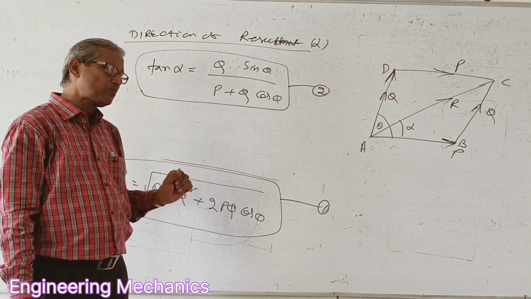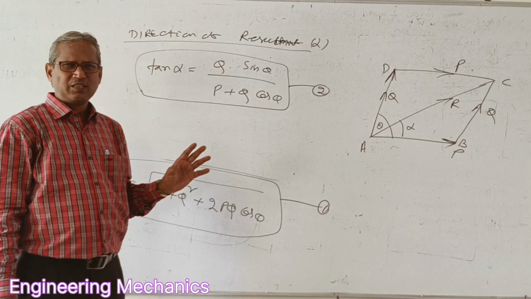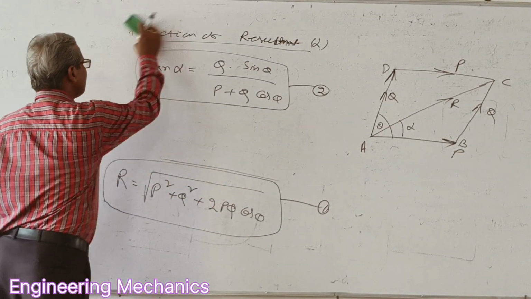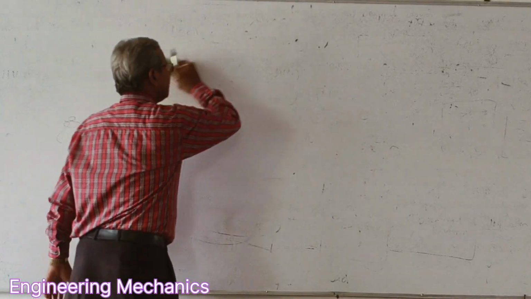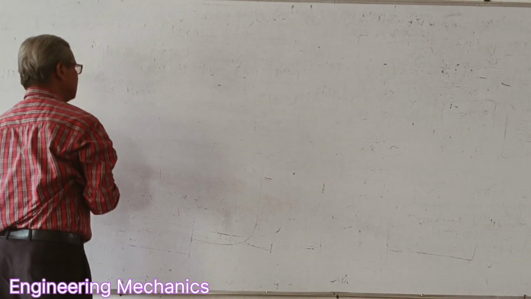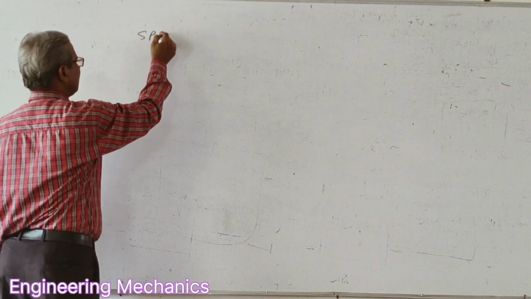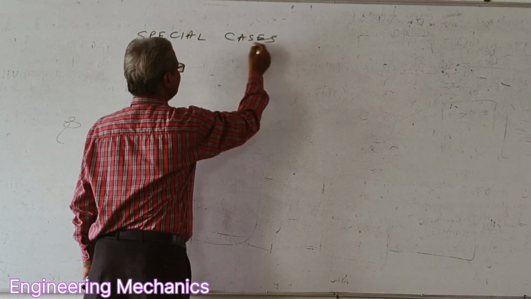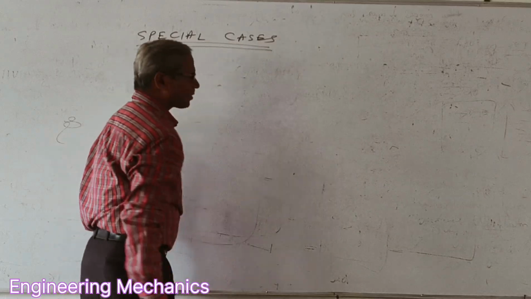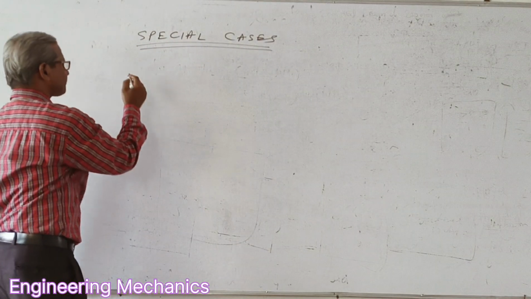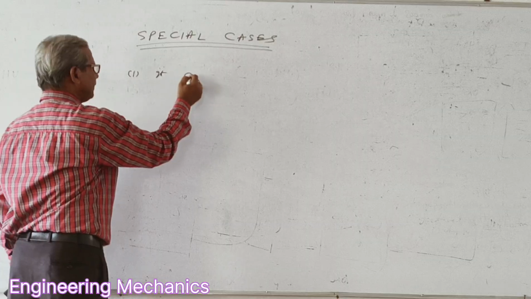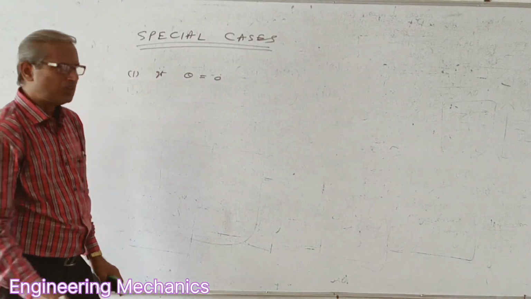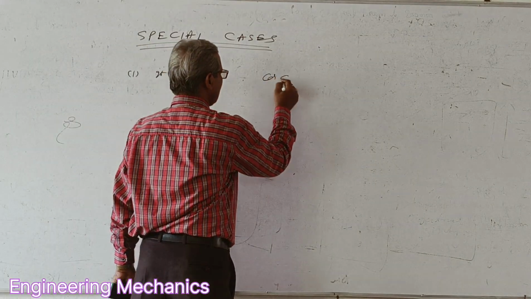Now, there are some special cases to solve our problem. Number 1, if theta is 0 degree, what is cos 0? 1.